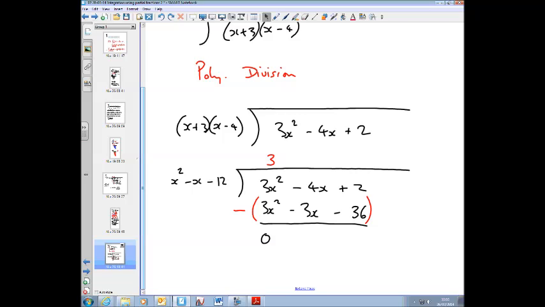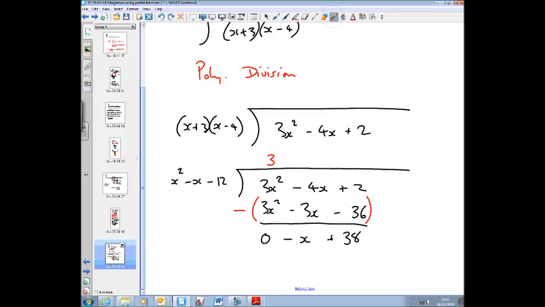Minus 4x minus minus 3x is plus 3x, so minus 4x plus 3x is minus x. And the last one, 2 minus minus 36 is plus 2 plus 36 is 38. So you have to be really careful with the signs when you're working out remainders, because you're subtracting, you could easily end up with a double negative.